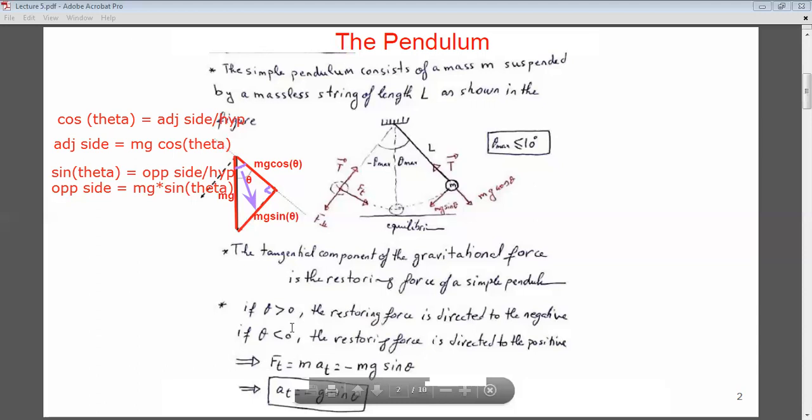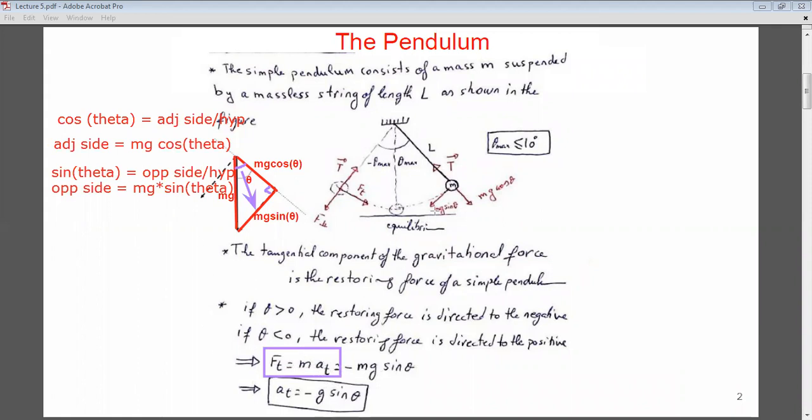Now, what is the equation for the force? This is in Newton's second law. Ft is m times at, where at is the tangential component of the acceleration. What did we agree?